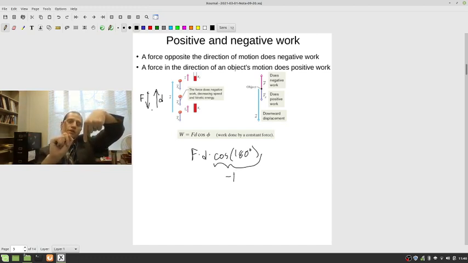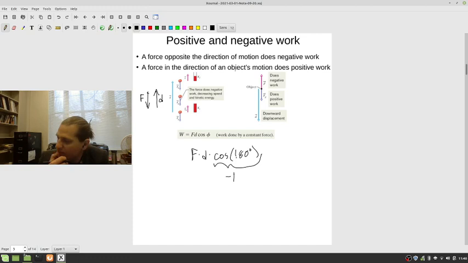Now, the tricky thing is that you don't want to get the idea that gravity always does negative work. If your object is going downward, gravity will do positive work. Why? Because in this case, if the object is coming downward, theta would be 0, and cosine of 0 is just 1.